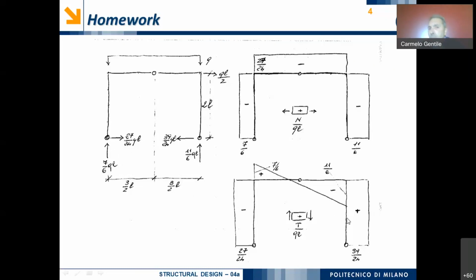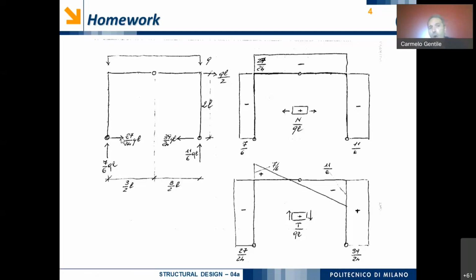For shear, we have similar aspects related to the columns, because we can see that in the two columns there are no forces applied orthogonally to the length of the column. And so what we have to expect is that the shear is constant and equal to the value of the external reaction.